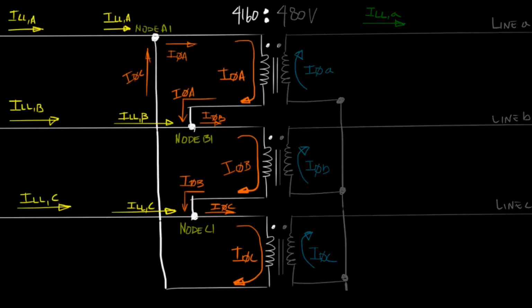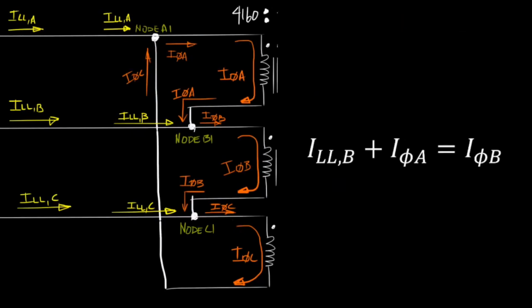Similarly, for node B1, line current B plus phase current A is equal to phase current B. Line current B and phase current A are flowing into node B1, but phase current B is flowing out of node B1.